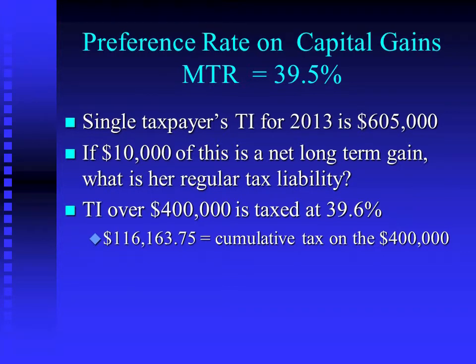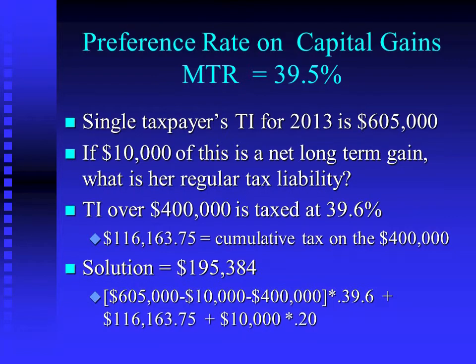Because $10,000 is a net long-term capital gain, it's going to be taxed at 20% instead of the 39.6. And so you have a tax calculation that is very similar to what we did with the qualified dividends. And in fact, even if I had said the 10,000 was qualified dividends, the math would be exactly the same.